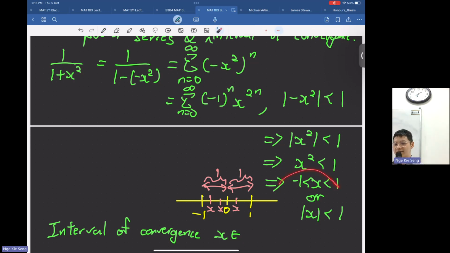Minus 1 to 1. Okay, minus 1 to 1, not including the endpoints, because we don't start with the endpoints.